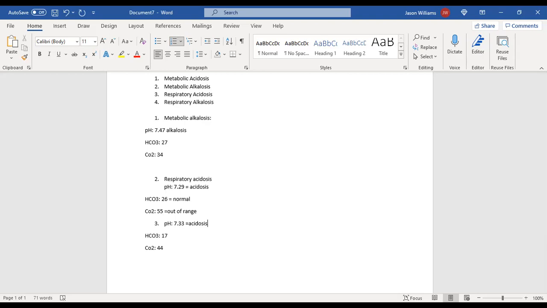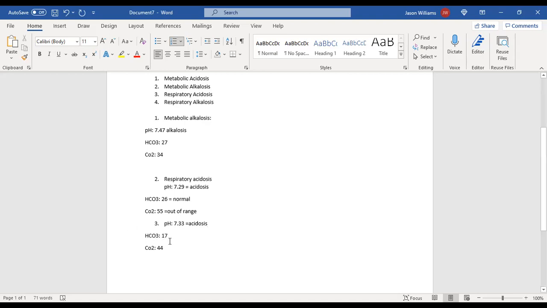It is acidosis. 7.35 to 7.45 is the normal range. Anything below 7.35 is considered acidosis. Anything greater than 7.45 is considered alkalosis. So is the 7.33 a representation of acidosis or alkalosis? Acidosis. The next thing you need to ask yourself is which one.